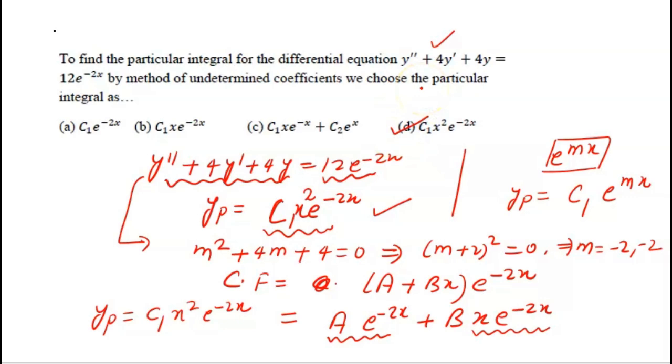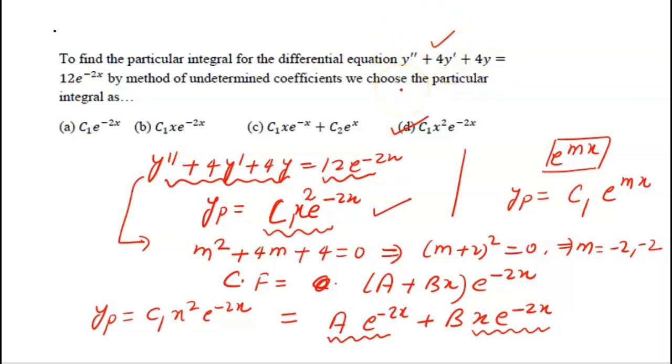This problem, if asked, a lot of students will make a mistake. They will select A as the option just by looking at the right hand side. Don't make that mistake, because you don't only have to look at the right hand side, you also need to look at the complementary function.